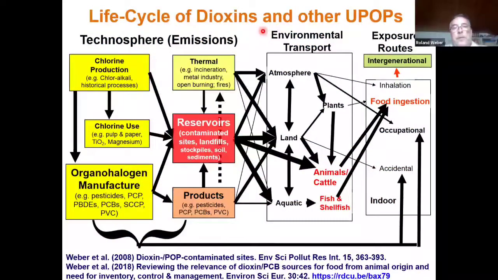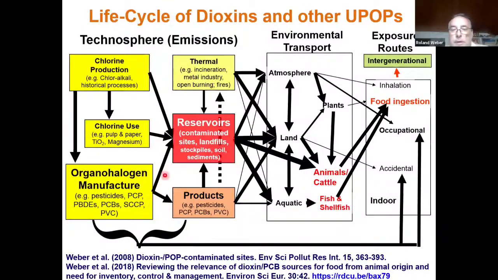And when we look at the whole life cycle of dioxins, we see, yes, we have this thermal emission, which you consider the most relevant, and maybe today in many countries this is the main emission. Then we had all the historic production, but also we have contemporary production of organochlorines.